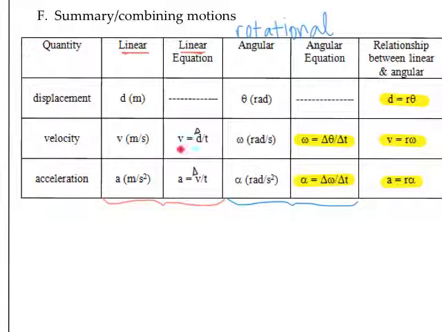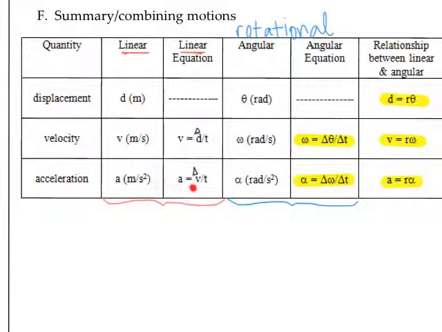It was a v and change in displacement over time. Now it's going to be an omega. Instead of meters per second, it's radians per second. And change in displacement over time is now change in angular displacement over time. Lastly, we have acceleration. Instead of an a, we have an alpha. It's the Greek a. Instead of meters per second squared, we have radians per second squared.